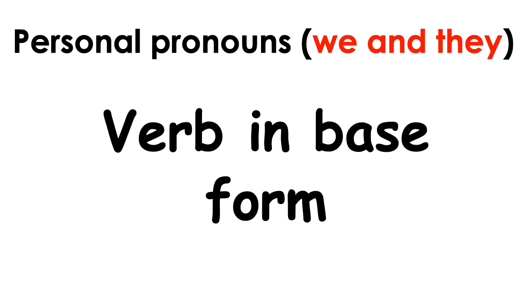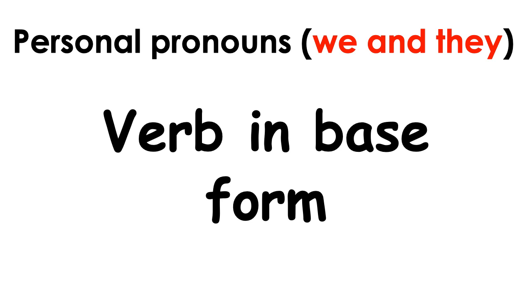Means no s, no ies, no es. Alright? So, kalau subjek dia ialah plural, maksudnya lebih dari satu orang, lebih dari satu haiwan, lebih dari satu benda, kata kerja dia yang mengikuti subjek itu mesti dalam kata dasar. Okay? Tak boleh ada apa-apa imbuhan.